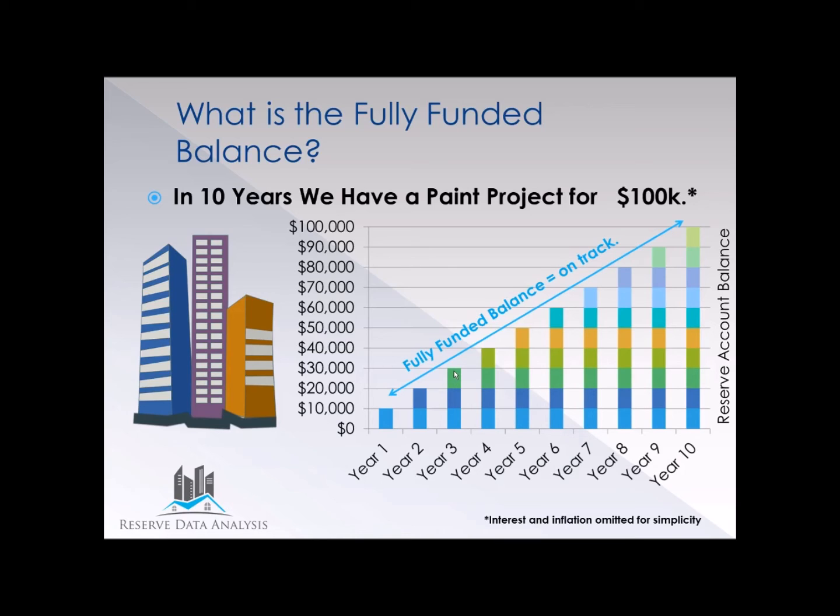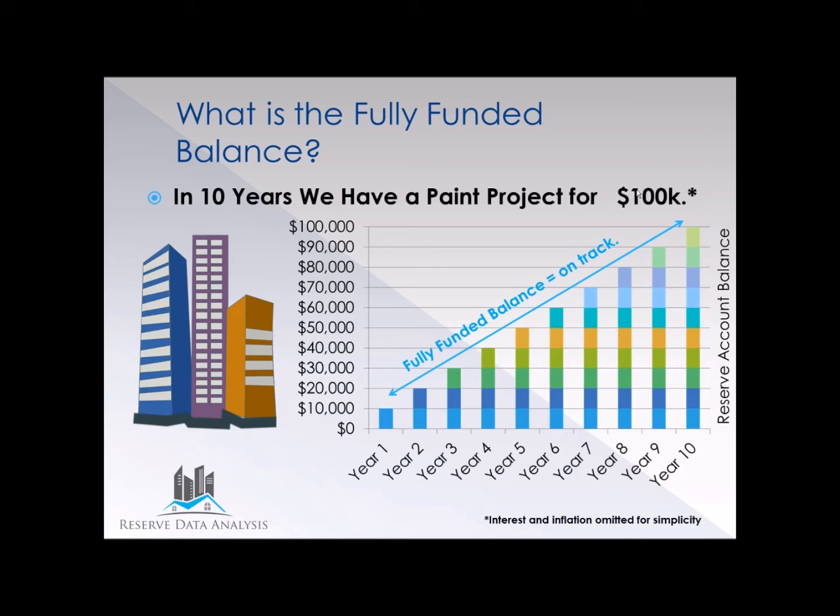It's good to note here that this fully funded balance after year 10 is going to drop down to $10,000 again. Again, we're completely ignoring interest and inflation. So we're going to pretend like between year 11 and 20, the paint project is again projected to be $100,000. In reality, it's going to be much higher than that. It's probably going to be double that.